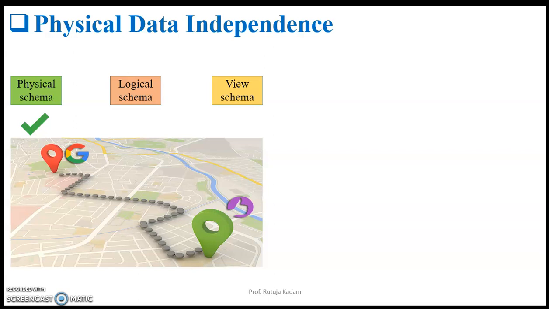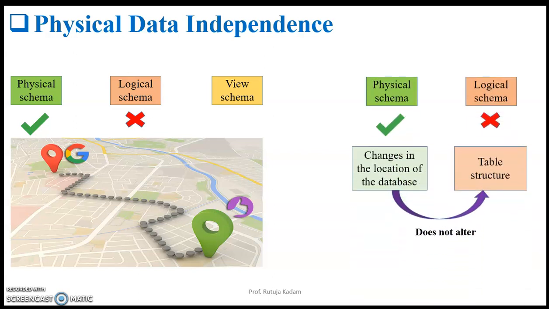It is logical schema. So there is no need of alteration to the logical schema. It gets automatically updated. So here we have made the changes in the location of the database, that is we have transferred from here to here. So in that case there is no need of altering the table structure. Table structure is nothing but your logical schema.